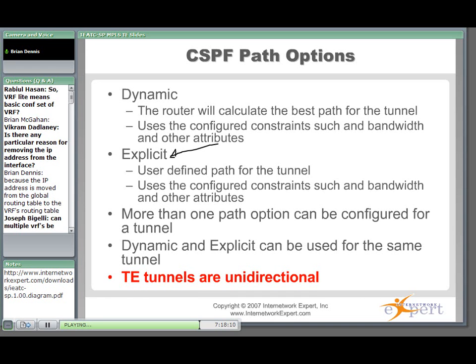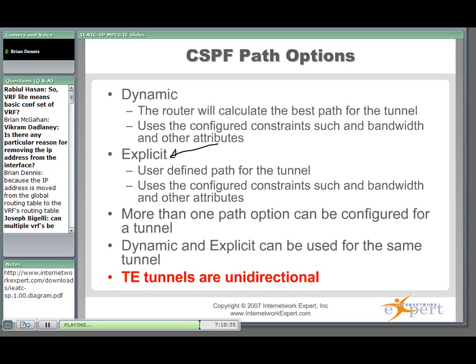So what you can do is get in there and configure an administrative weight for an interface, so that the traffic engineering tunnels can route themselves around the network dynamically, but they're not going to route based on the OSPF path or the IS-IS path.